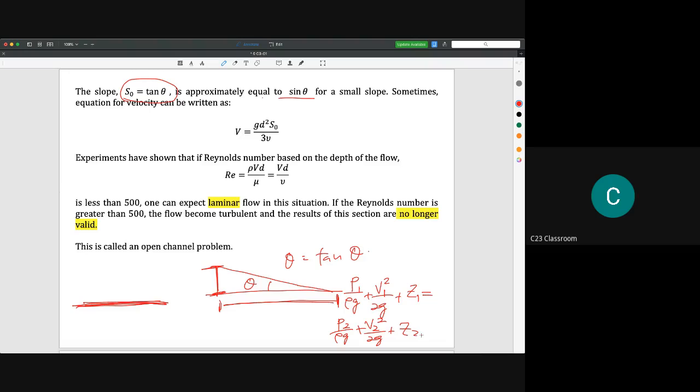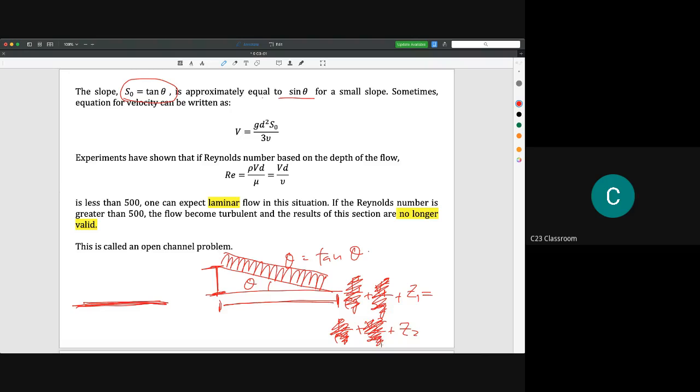If you have a situation like this, where the thickness of the water is the same, the pressure can be cancelled, because the pressure is atmospheric pressure. Because the thickness is the same, the velocity is equal.